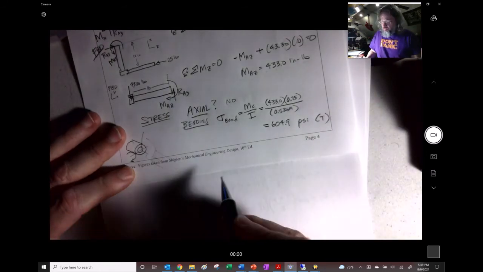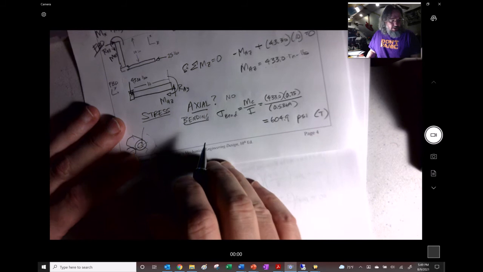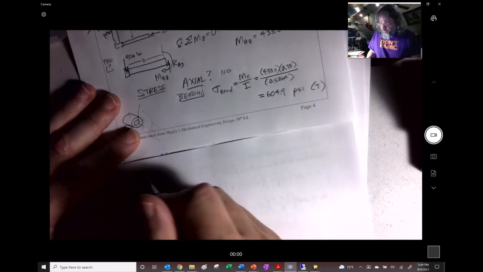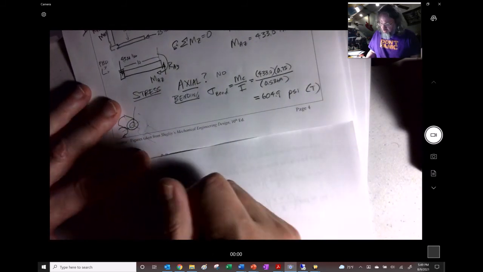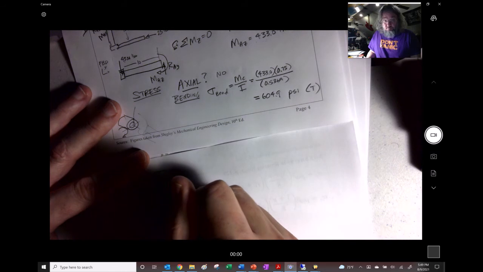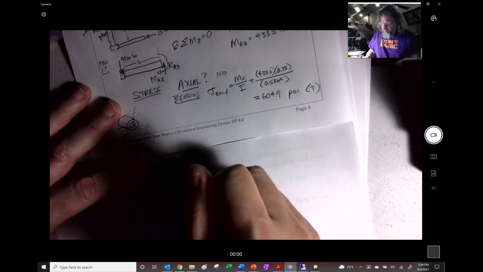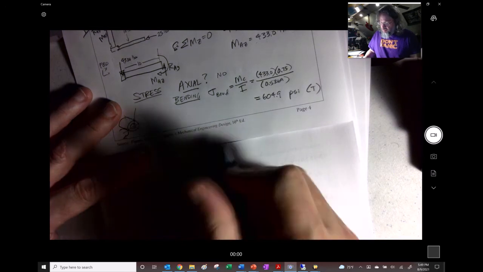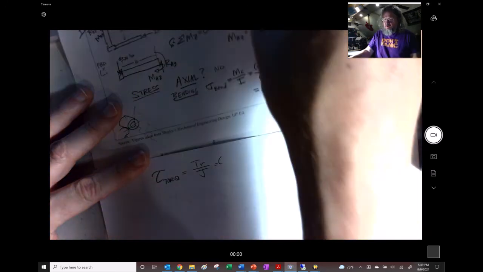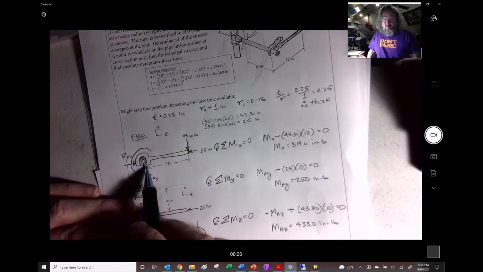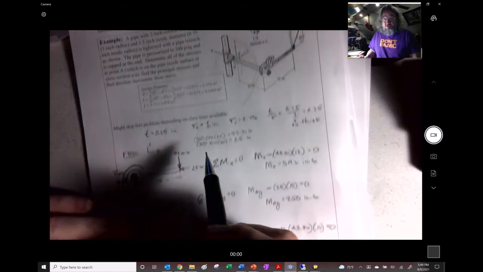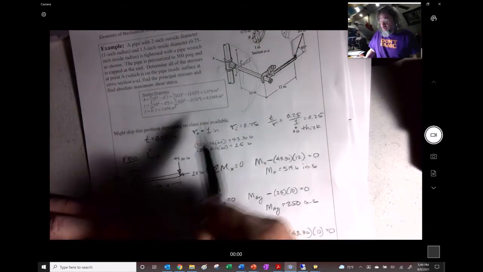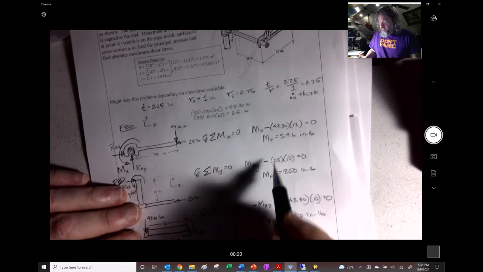All right, moving on with this very important problem, we now go to torque. Let's go to shear. For torque, we're going to have TR over J. The torque is the one that's here; it's just like a wrench, turning this thing along this axis, so it's twisting it.